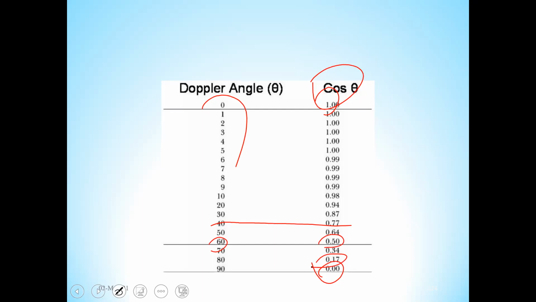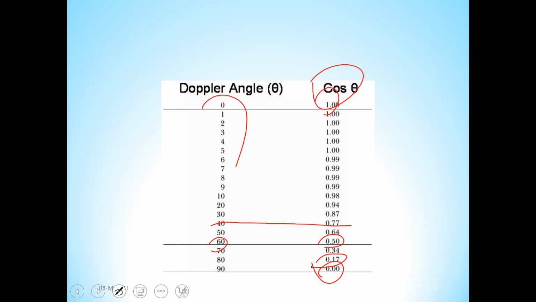So as we increase the angle, the value of the cosine decreases. So you can say that there is an inverse relation between the angle and the value of its cosine.